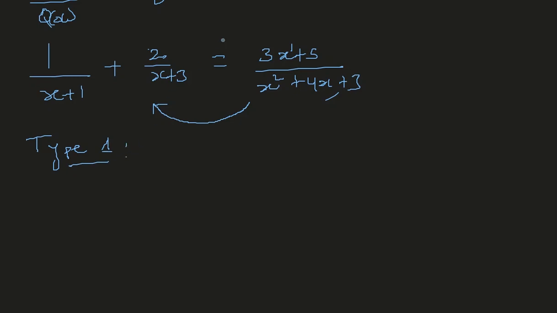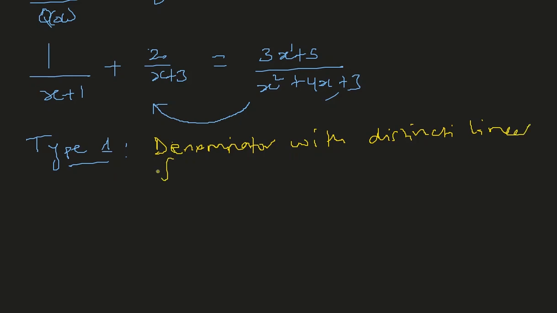Type 1, that's when we have a denominator with distinct linear factors.